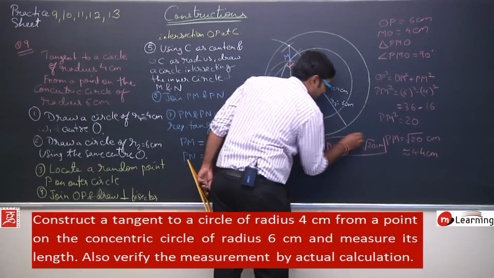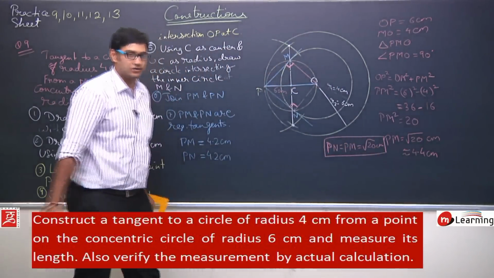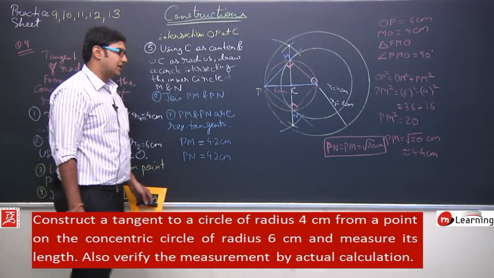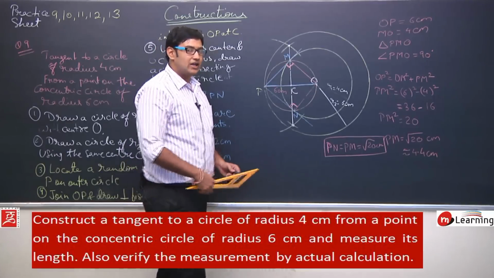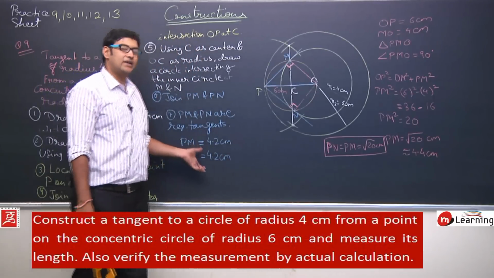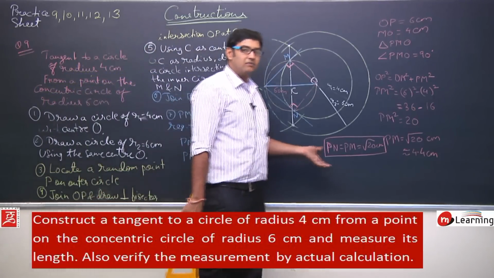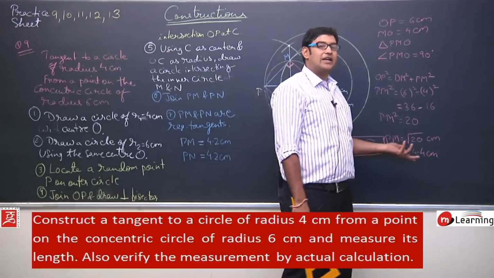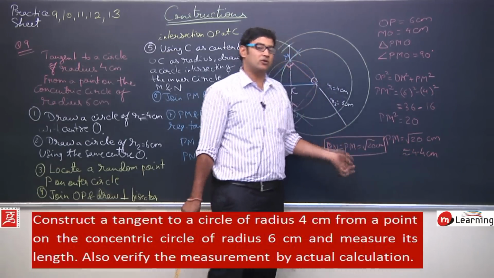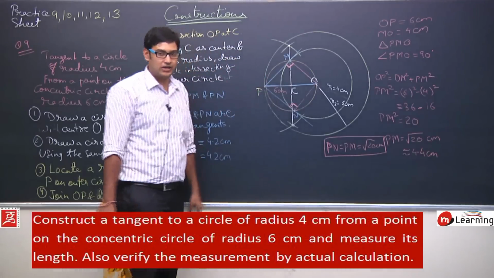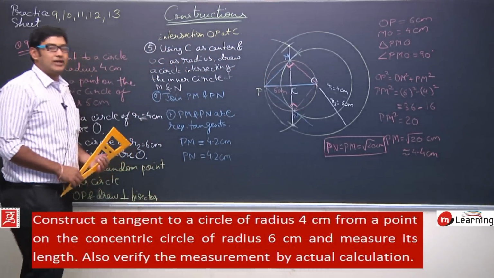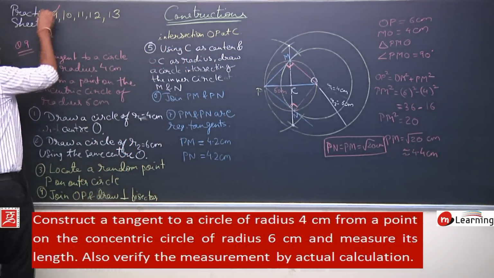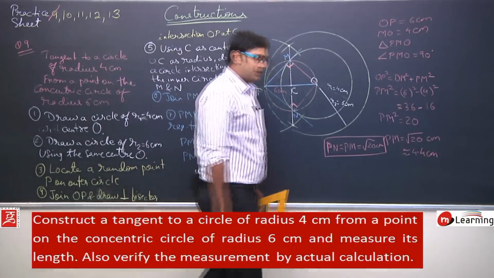All these lengths will be equal to each other, and you can see here we have got PN and PM as 4.2, and by the theoretical method we get PM and PN as 4.4, a very small error. So this is how we need to solve question number 9, a very interesting question, please note this.